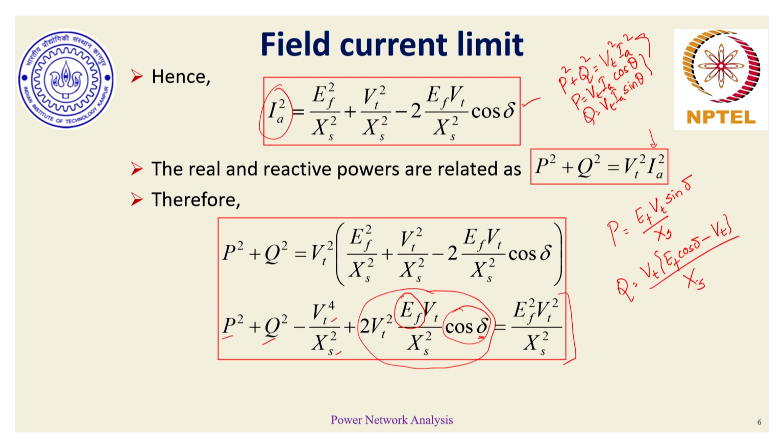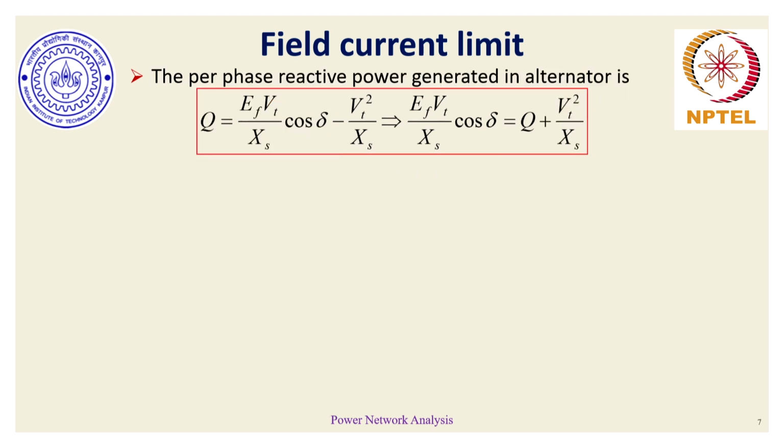Looking at these terms, we can figure out that the term EF Vt cos δ is also present partially in the expression of Q. So, can we make use of this EF cos δ term in the reactive power expression and substitute it over here? If we do that, EF Vt cos δ by Xs can simply be written as Q plus Vt² by Xs.